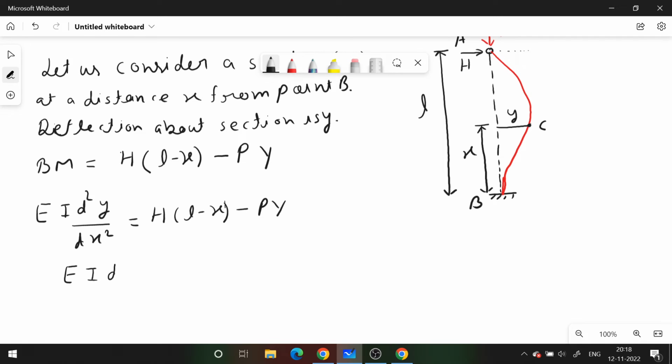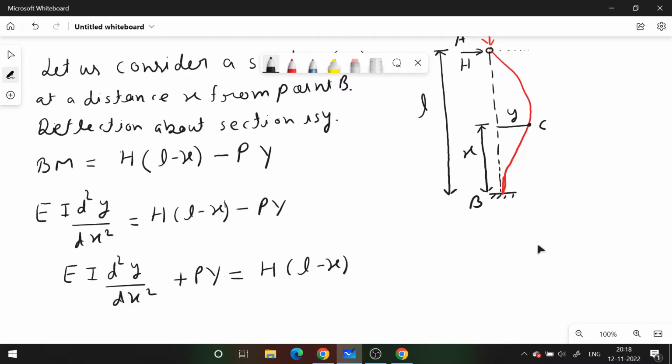EI d2y over dx square plus Py is equal to H(L minus x).